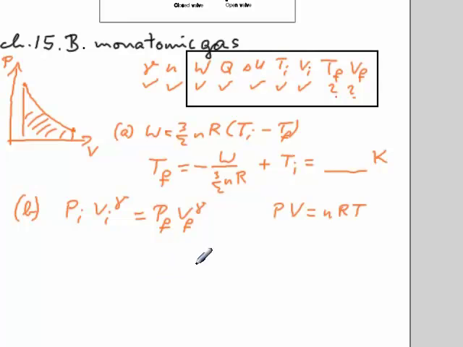But there's a second way of doing it, because when we look at the ideal gas law, this is applicable at all times anyway. Then notice that for the initial part, we have the initial volume, we have the initial temperature, we know it's 1 mole, and so all we need to do is solve for pressure.